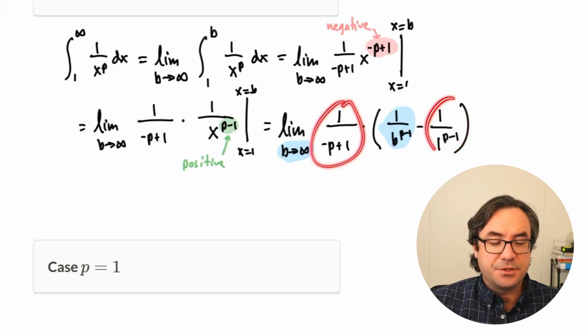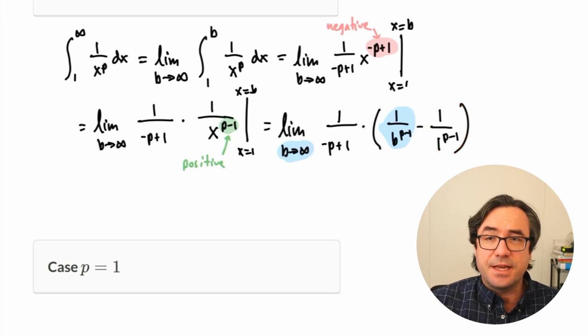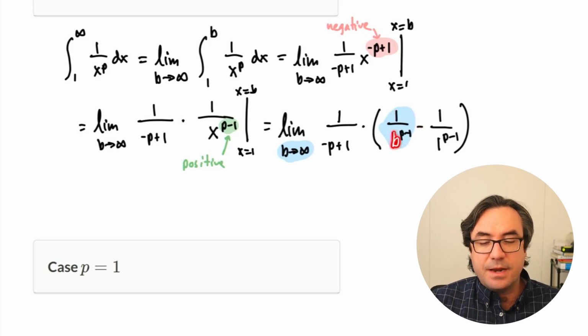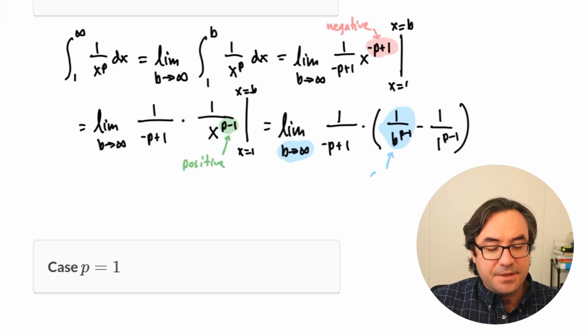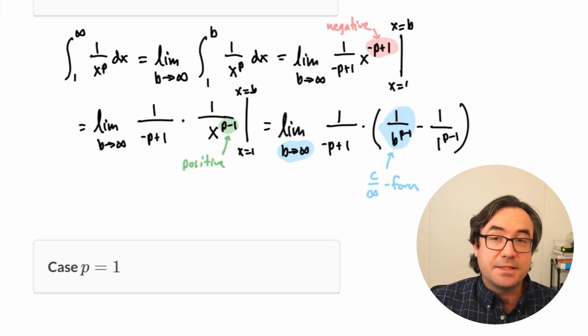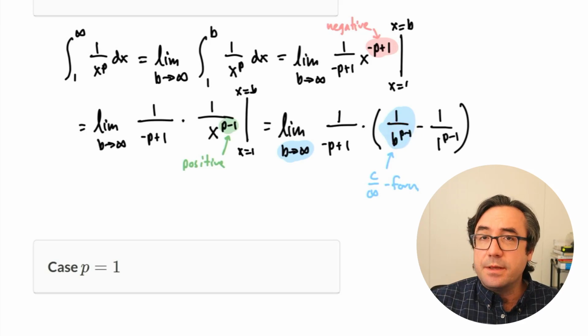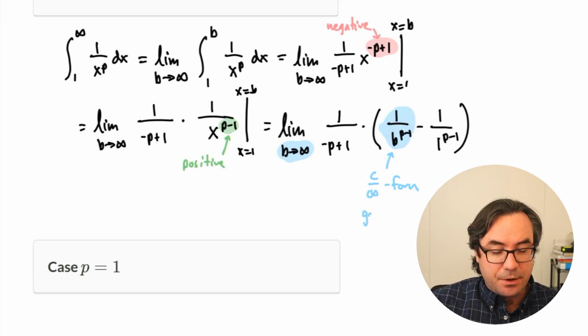So both of these are just constants, so they're just going to stay exactly the same. Really, the only thing with a b in it is this fraction here. And having it written as a fraction is just going to help us recognize that this is a c over infinity form. So the numerator is a constant, and then our denominator is getting really big. So this goes to 0.